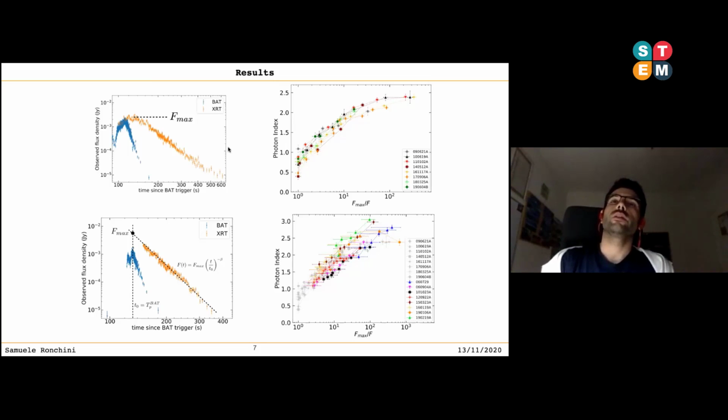If we study the spectral evolution during this steep decay, this is the result in these plots. This is the photon index as a function of the inverse of the normalized flux. You see that there is a tight and quite universal correlation between these two observables for all the elements of our samples.